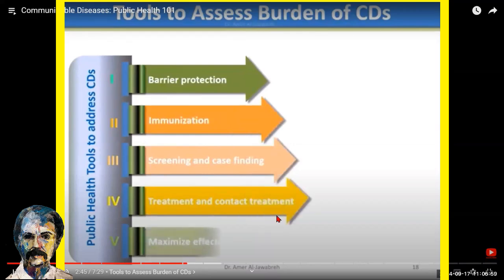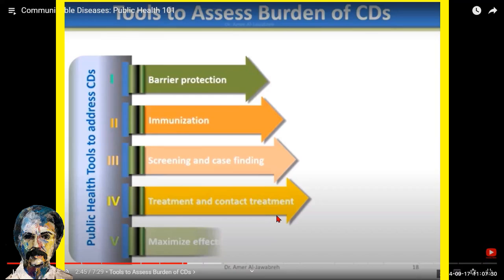Fourth, treatment and contact treatment. What do I mean by treatment? You give medicine to that patient so that he or she can get rid of the disease. Not only that. Like enterobiasis, for instance, we give the child who has Enterobius vermicularis, a parasite, Vermox.